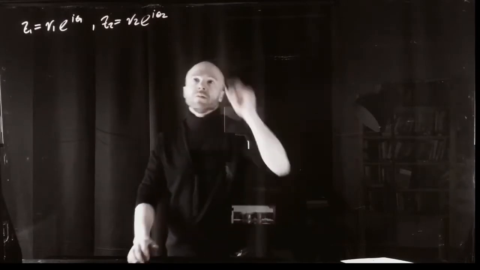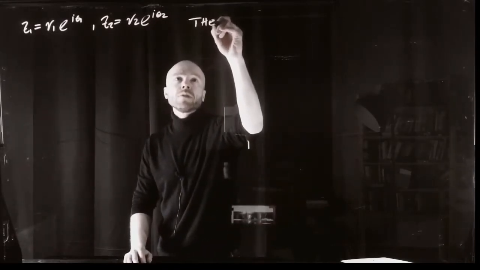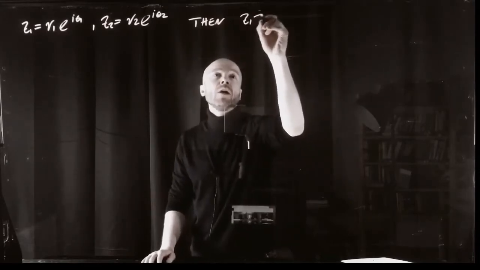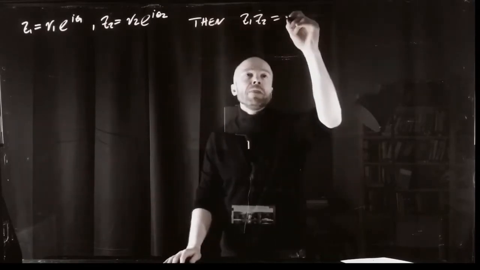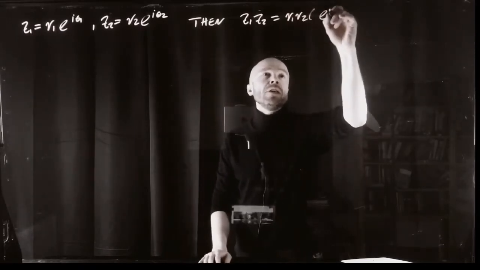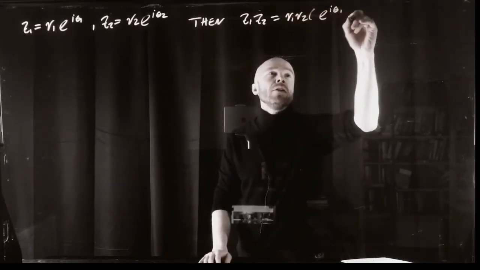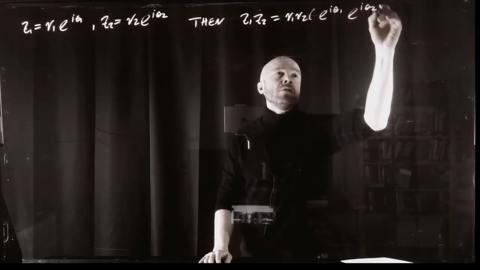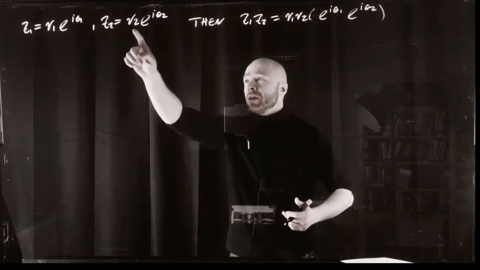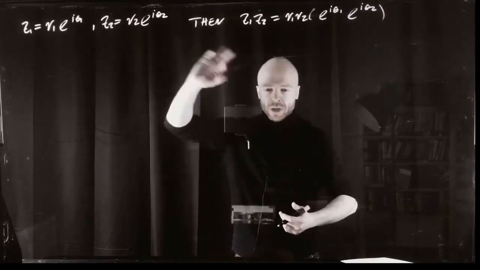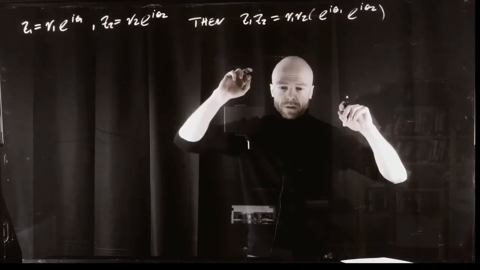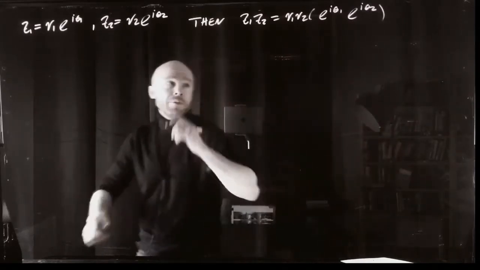Then let's see what happens when we multiply them. If we multiply z1 and z2, that's going to be the same as r1 times r2 of e to the i theta 1 times e to the i theta 2, because multiplication is commutative, I can just pull out the r1 and r2. Everybody cool?